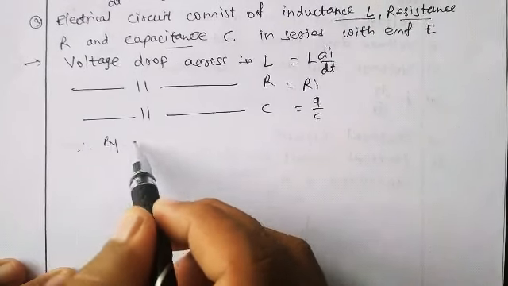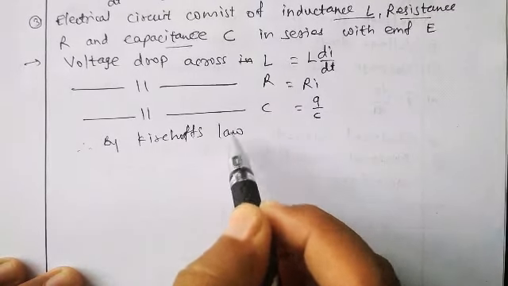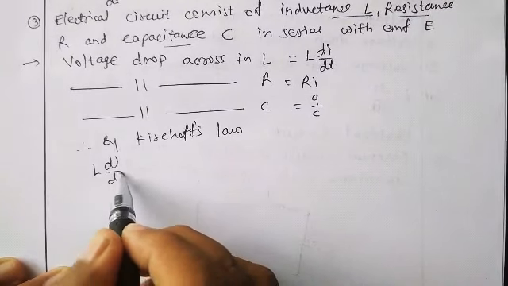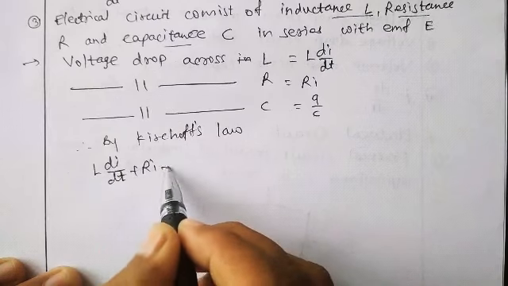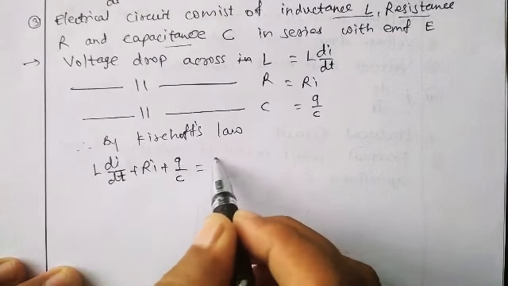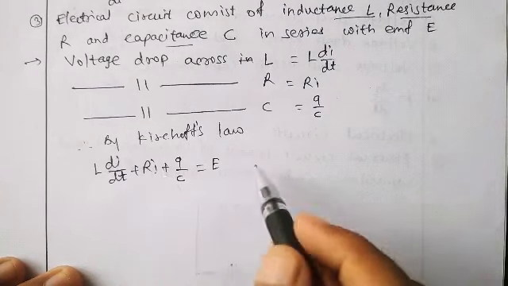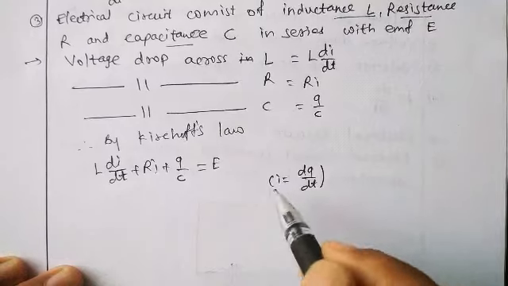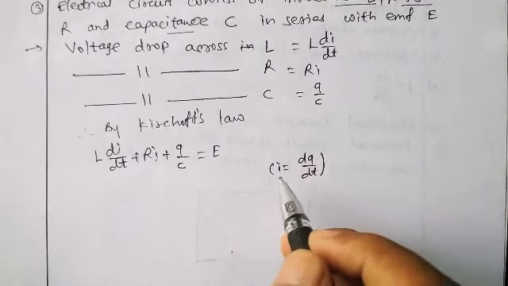Therefore, we will get L into di by dt plus Ri plus Q upon C is equal to E. And we know that i is equal to dq by dt, the rate of change of charge, which is nothing but current.